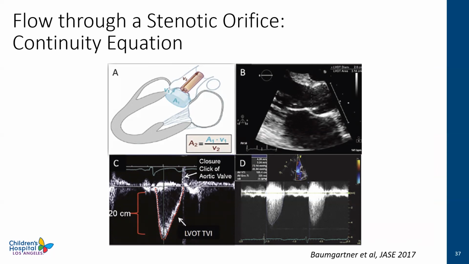By rearranging this, you can figure out what the area at the level of the aortic valve is. The ultrasound images show you how to do that. You're going to do it in your parasternal long axis view, measuring the aortic valve area, and then your LVOT velocity time integral by pulse wave Doppler, and your aortic valve velocity time integral by continuous wave Doppler.